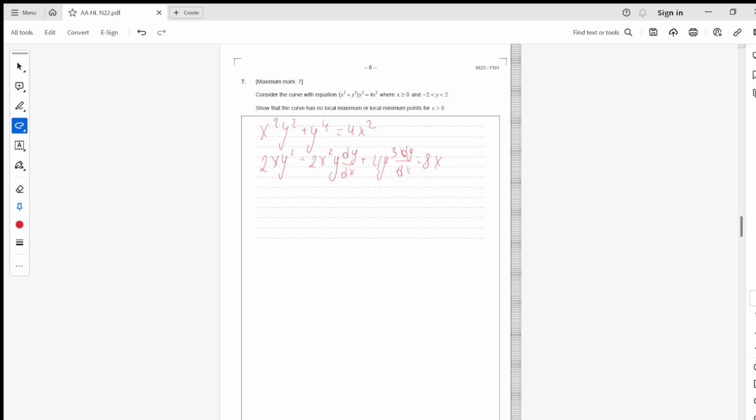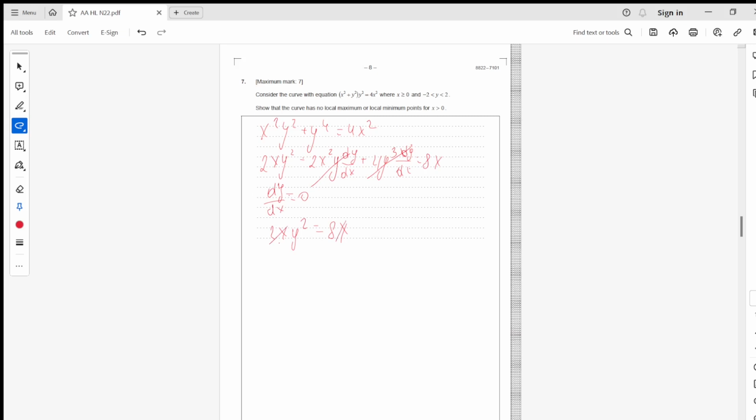And as I said earlier, the derivative of this function should equal 0. So dy/dx is 0. This and this cancel out. And what we get is 2x y squared equals 8x.